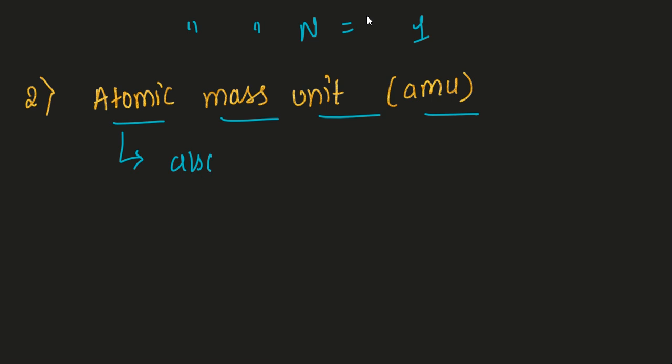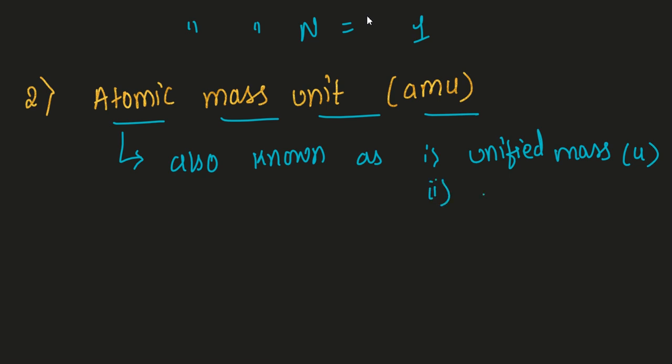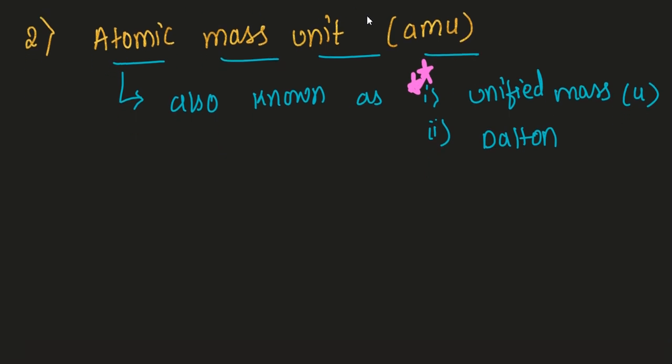It is also known as unified mass, which is denoted by the letter U, and you can also call it Dalton. But the frequently used term instead of AMU is unified mass. Now the question is, what exactly is the AMU?